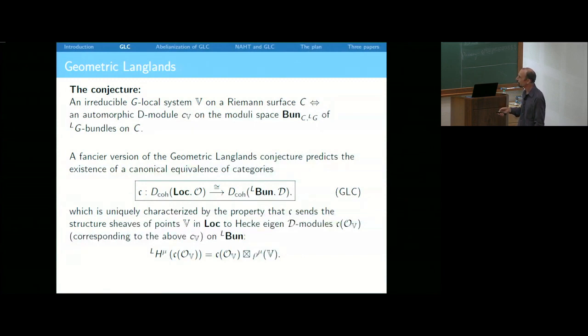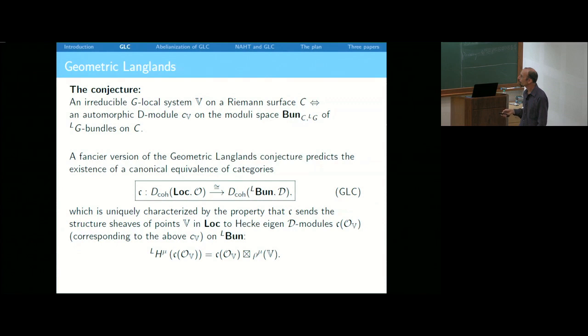So this is what I was trying to write there. The fancier version, to the extent that it is true, says that we have a categorical equivalence like this, which is uniquely characterized by the property that it sends structure sheaves of points on this side, right? So the basic conjecture says you start with a local system, or an irreducible local system.